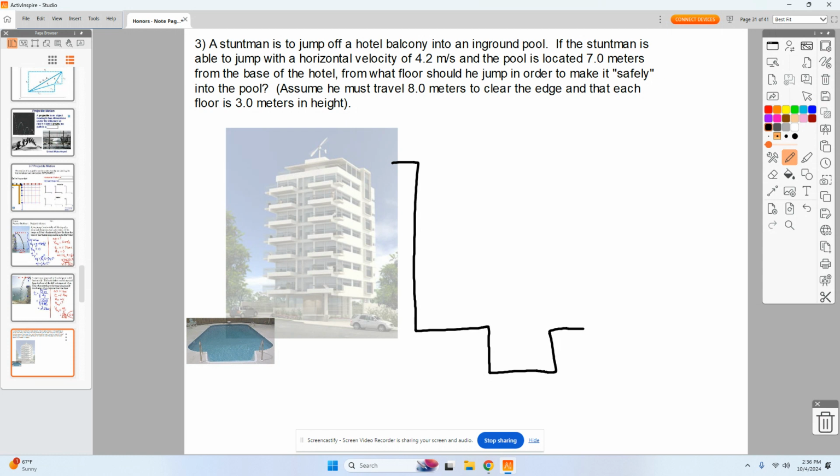So this is the pool, this is the hotel, and then you have a bunch of floors. On this drawing, what I'd ask you to do is try to make a sketch of things like where he's jumping from, what the path looks like, how far he's got to go. Just make a picture of those things, and see if we come up with the same picture. So you try it, and then look up here once you're done.